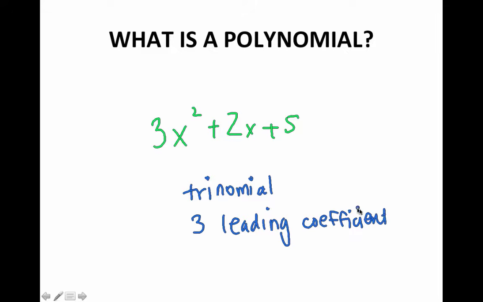And what I mean by that is that it has the largest degree. So we say that this has a degree of 2 because it's the highest degree. Now 5 doesn't have a variable, and we say that 5 is the constant of the polynomial. But not every polynomial needs to have a constant.